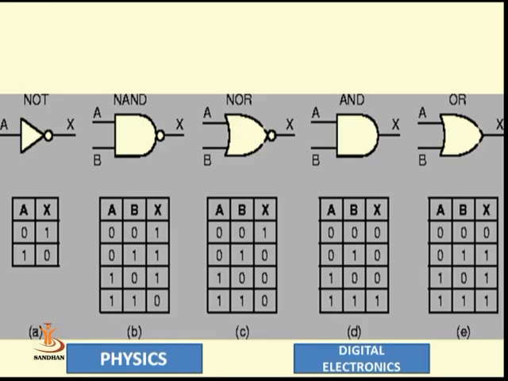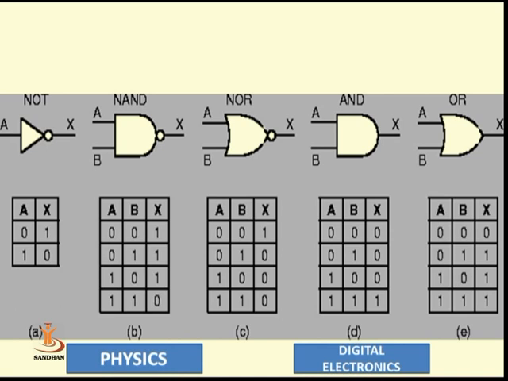So these are the truth tables with their symbols for AND gate, OR gate, NOT gate, NAND gate as well as NOR gate. The output can be understood by this mathematical formula.